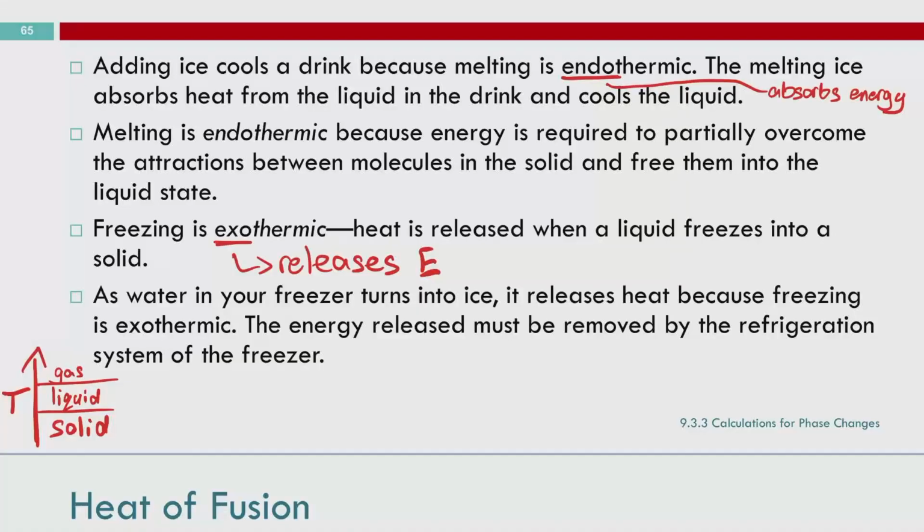So if we are melting, what phases are we switching between? Solid to liquid. So if we're going from a low energy phase to a higher energy phase, do we need to gain energy or lose energy?